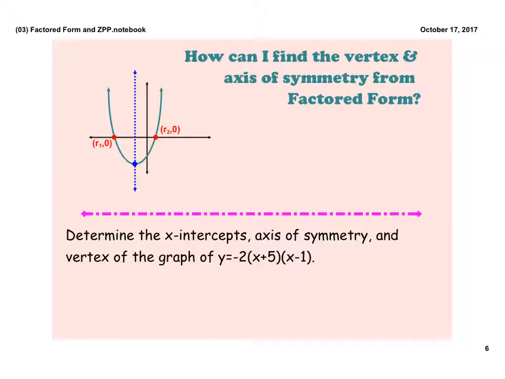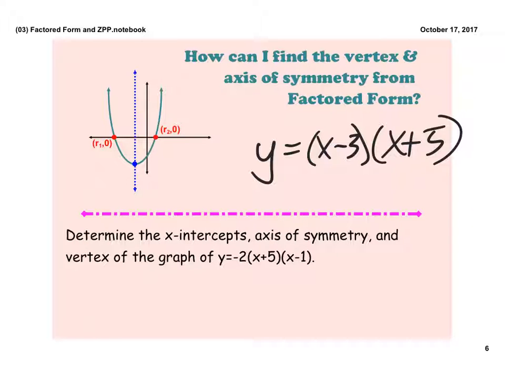All right, next slide. How can I find the vertex and the axis of symmetry from factored form? So let's say I had factored form. Then, how do I find the vertex? Who's got a good short-term memory and remembers the little formula for the vertex?